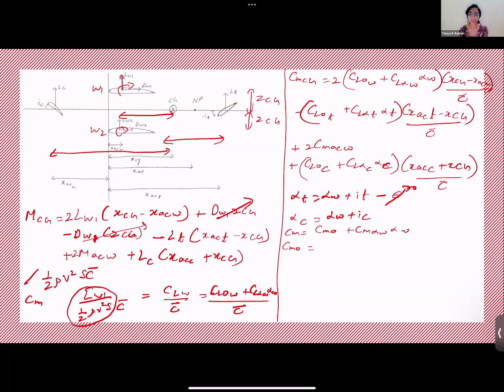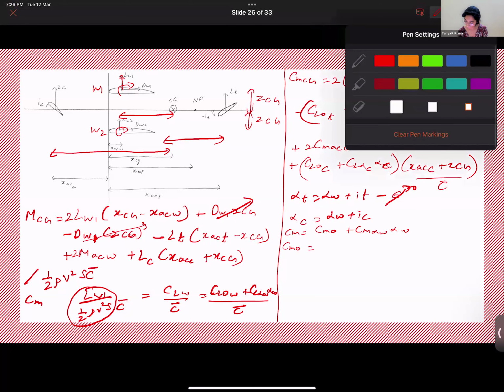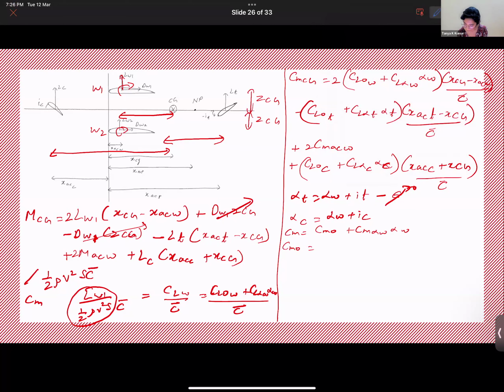What are those terms? Let me take another color. Okay. So this, and this, correct?